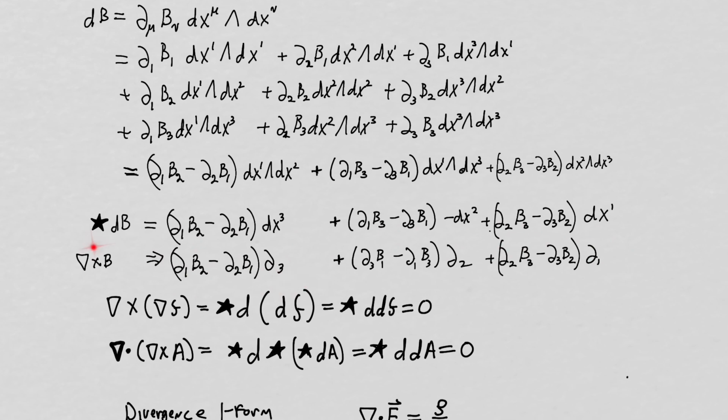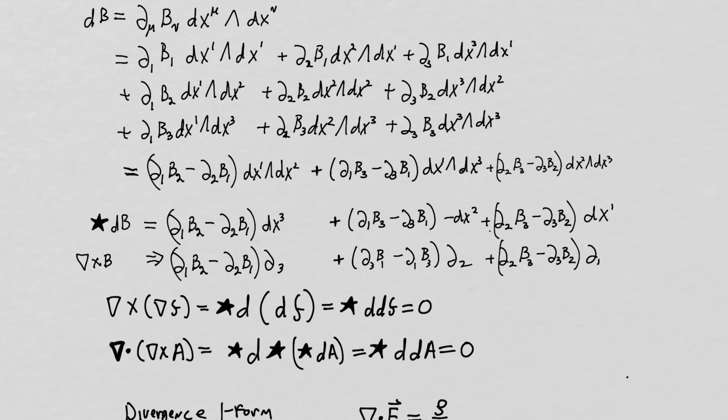This is the definition of the curl of the magnetic field, where we're using our manifold form for the unit vectors, but we have free movement between dx3 and partial 3, dx2 and partial 2, and dx1 and partial 1. That's free. We're allowed to do that change in Euclidean three-dimensional space. And this minus sign is taken care of by flipping these two around, and this is exactly what the curl equals.